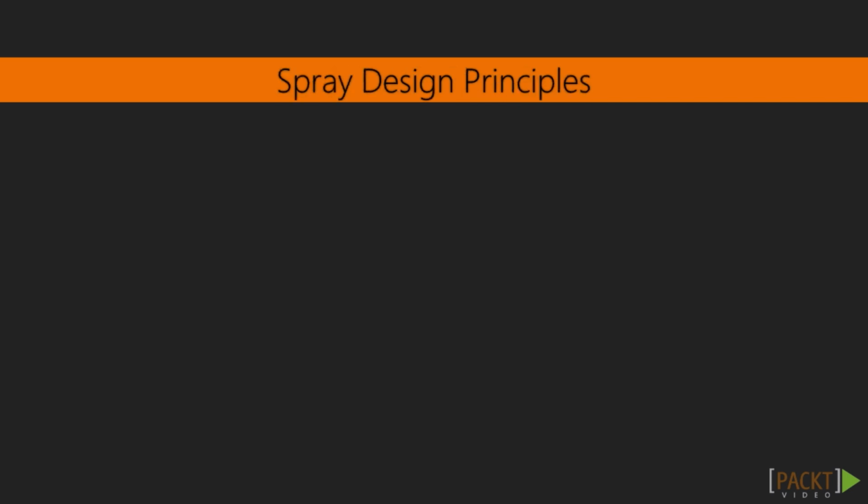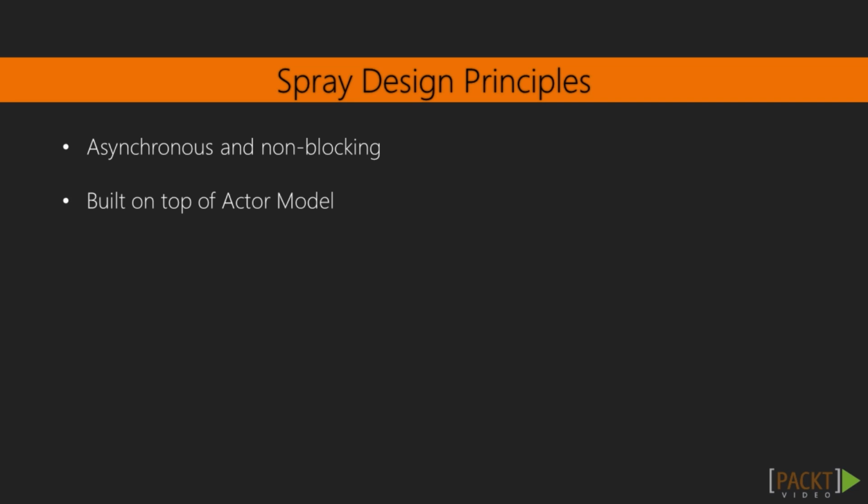Spray's design is heavily influenced by a set of core simple principles, which makes this framework a compelling choice for building RESTful web services and APIs. All APIs built on top of Spray are fully asynchronous. Blocking code is avoided whenever at all possible. Spray fully embraces the actor model and heavily relies on Akka for that.